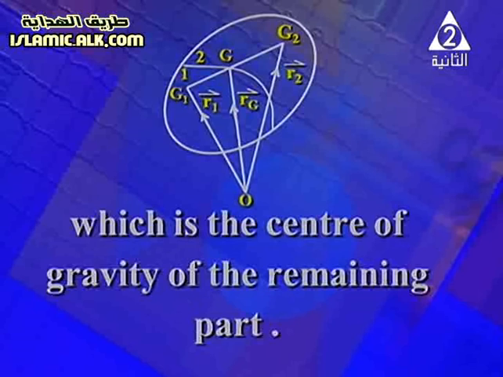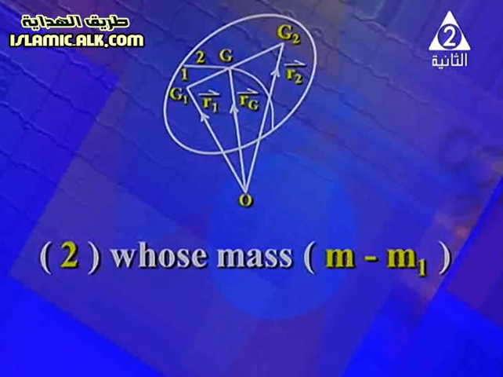Remember, dear student, we have a raised body with center of gravity G. We cut part of the raised body, its center of gravity G1 and M1 its mass. The remaining body, or left body, has center of gravity G2. Then we know that its mass becomes m minus m1.